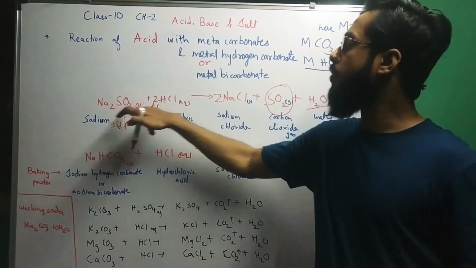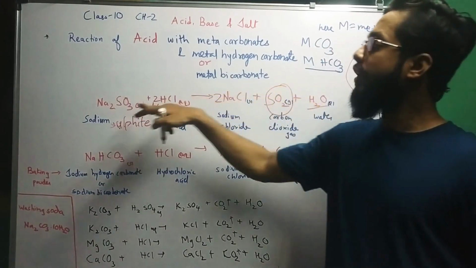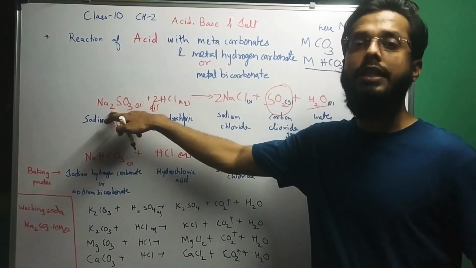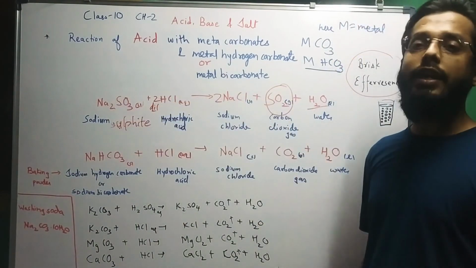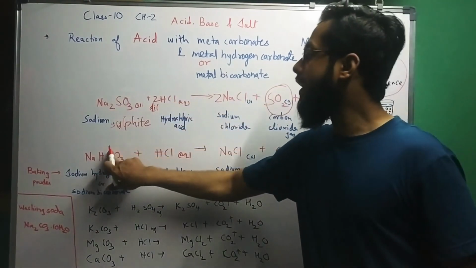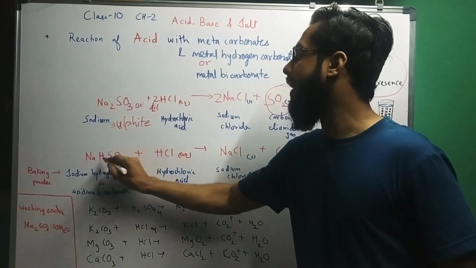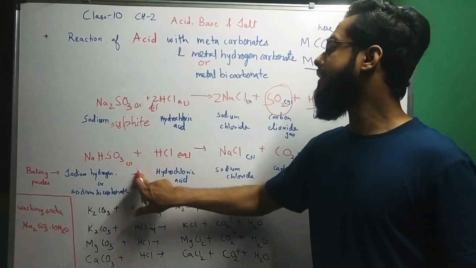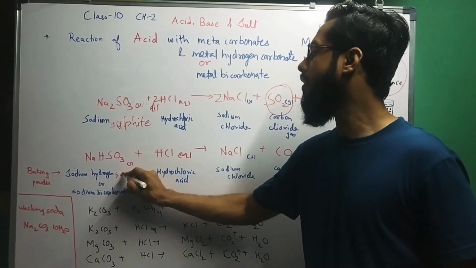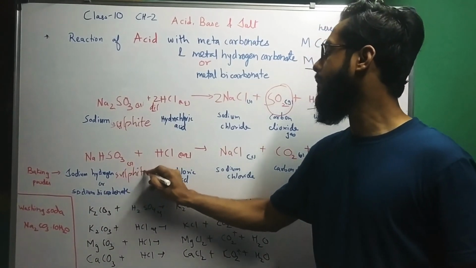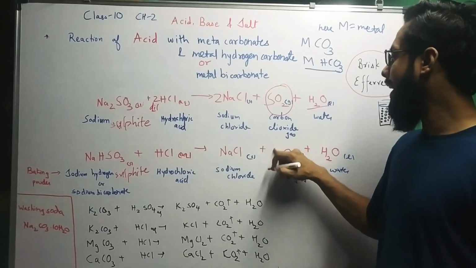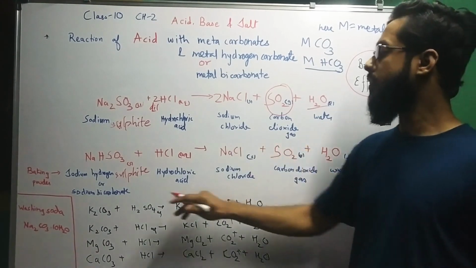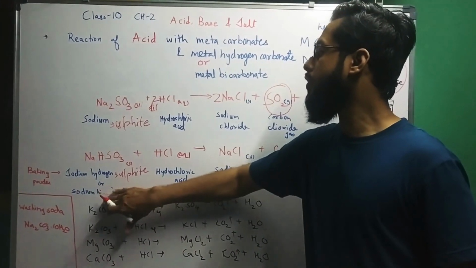Here it was CO3, here it was CO2. If you take sodium sulfite, that is a metal sulfite, you get sulfur dioxide gas and water. And if you take a metal hydrogen sulfite, you will get the same thing. Here you will get SO2 gas. Fine.